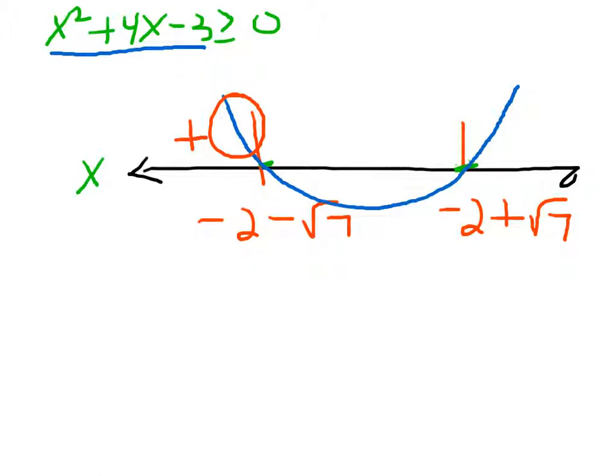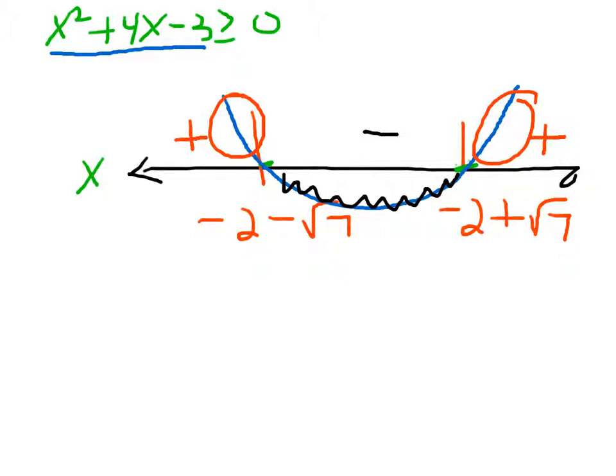So in this case, the parabola is above the x-axis to the left and to the right. So those are when x squared plus 4x minus 3 is positive. In the middle then, where the parabola falls below the x-axis, that's where that parabola would be negative.